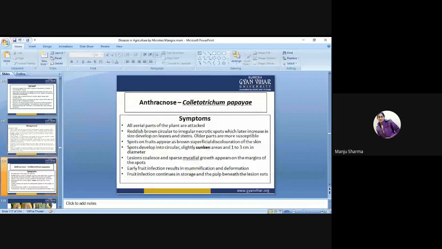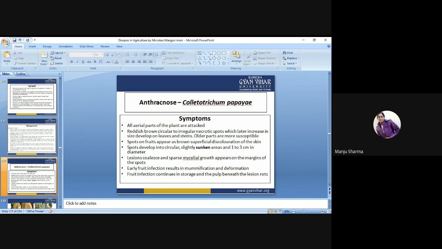Next disease is the anthracnose disease, caused by Colletotrichum papaya.